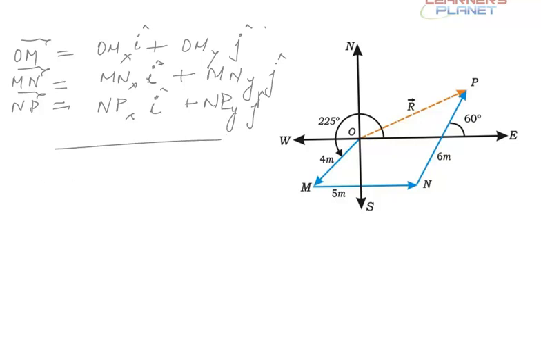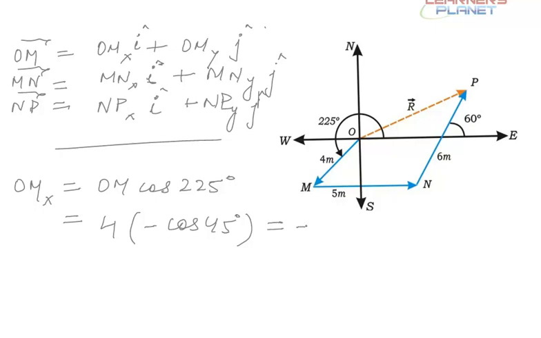So OMX will be OM cos 225. OM is 4 and cos 225 is minus cos 45, or you can write it as minus 2 root 2.